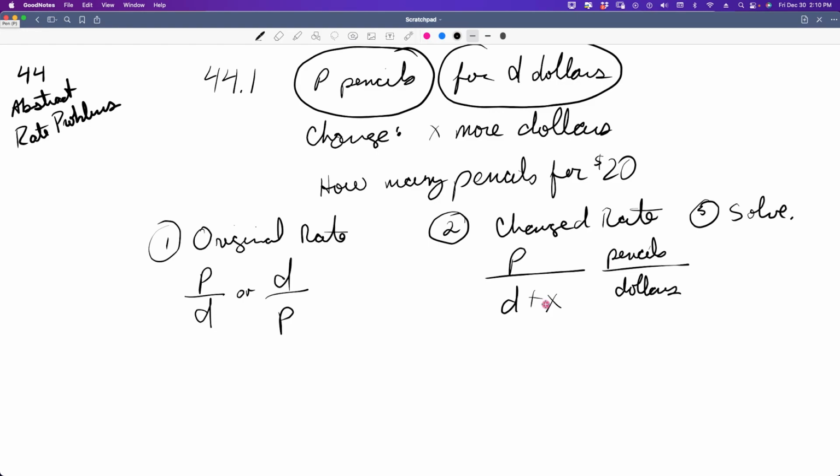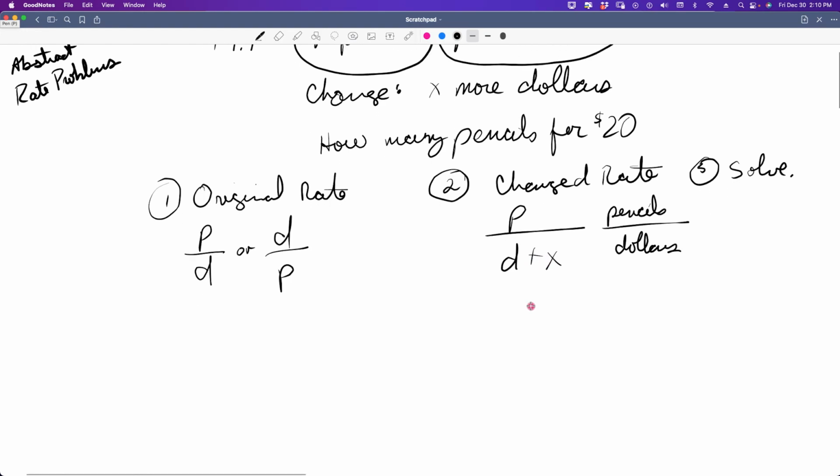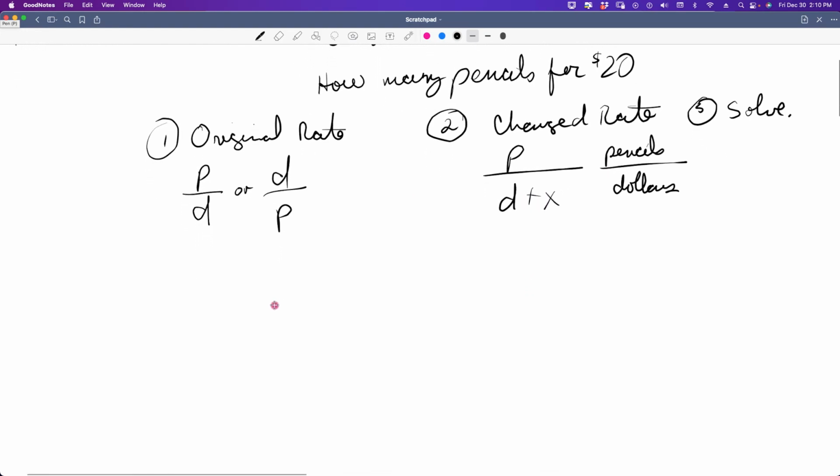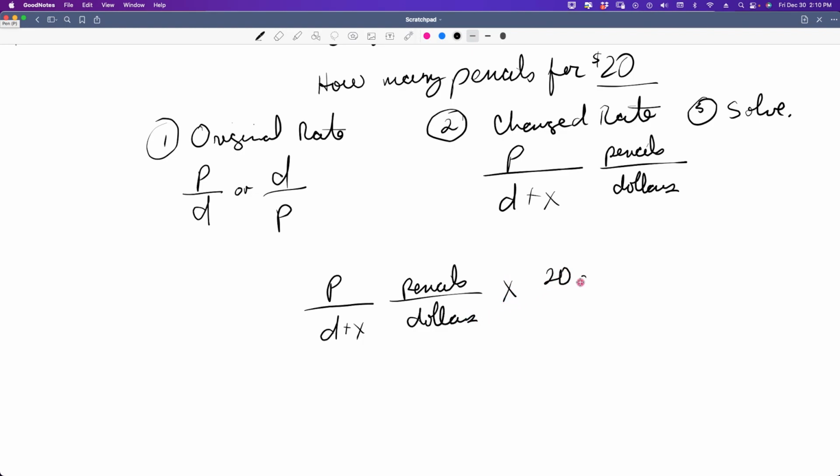So at this rate, how much can we get for $20? We're going to take our rate and solve it for that $20. So P pencils over D dollars plus X, times the $20. Now we are going to treat this like a whole number, put that over 1.